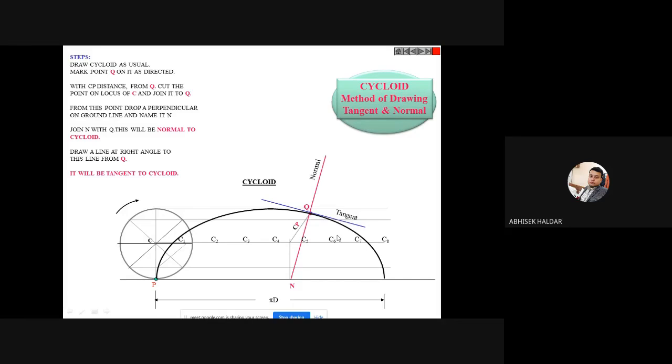Others, is this clear? Tangent and normal, how to draw? Sir, you better explain once again, that will be clear, I think. Okay, if people are having any doubt, that is not an issue, I can repeat. But I am asking the students who have understood to please reply first.